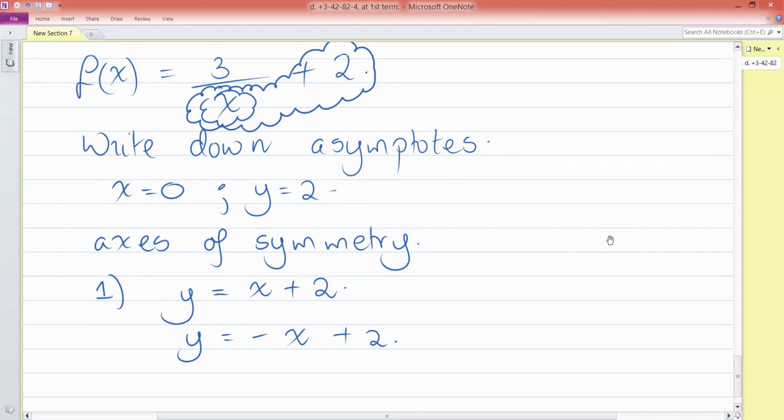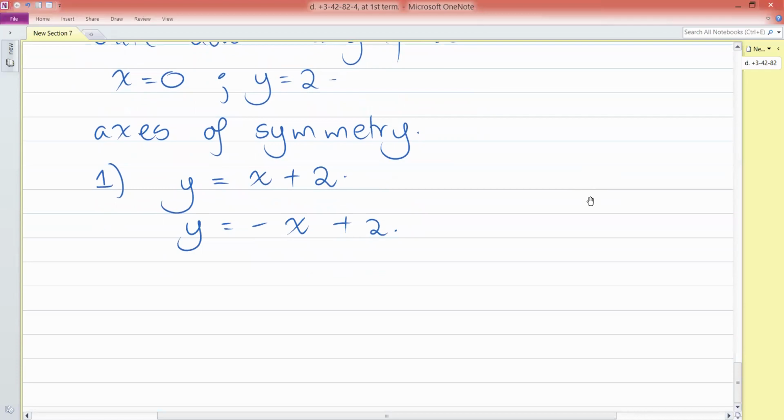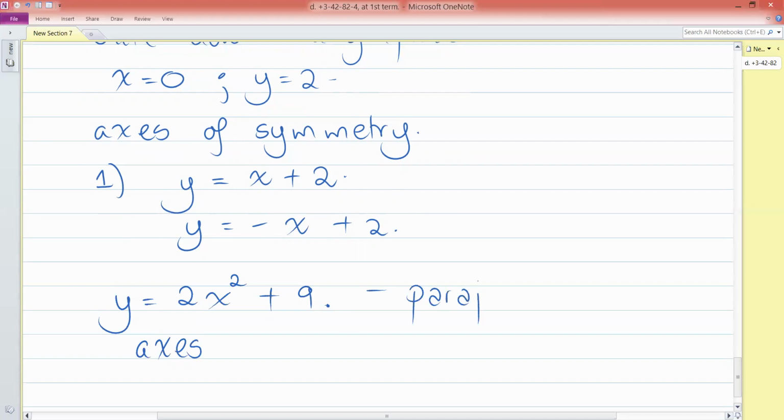Okay, right, then if you had y equals 2x squared plus 9, what type of graph is this? This is a parabola. How do you work out the axis of symmetry?